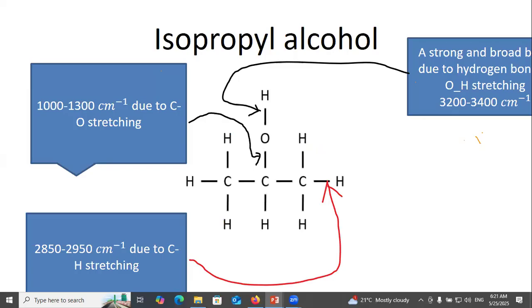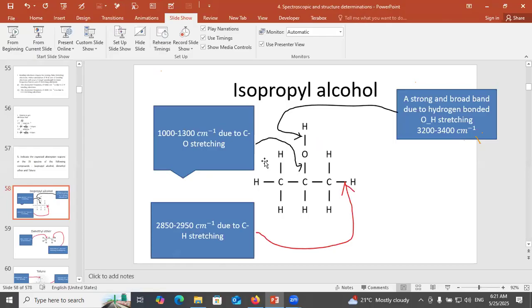Isopropyl alcohol: a strong and broad band due to hydrogen bonded OH stretching at 3200 to 3400 per cm, and 1000 to 1300 per cm due to carbon oxygen stretching, and also 2850 to 2950 per cm is due to carbon hydrogen stretching.